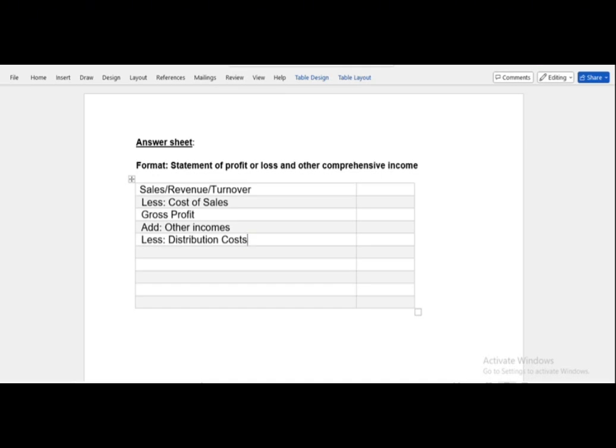And then you need to also know what type of expenses are distribution.